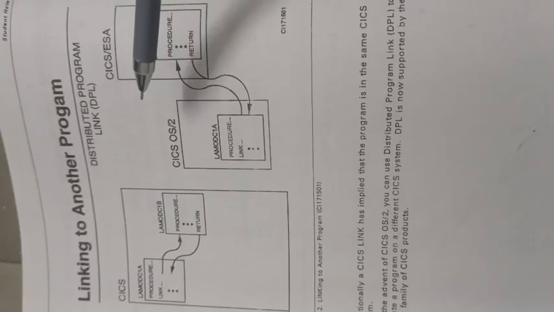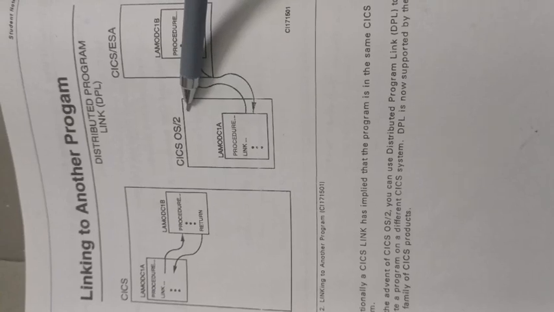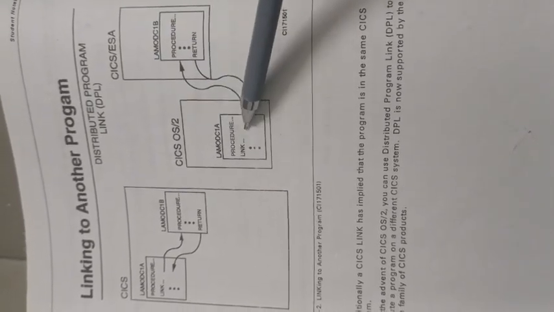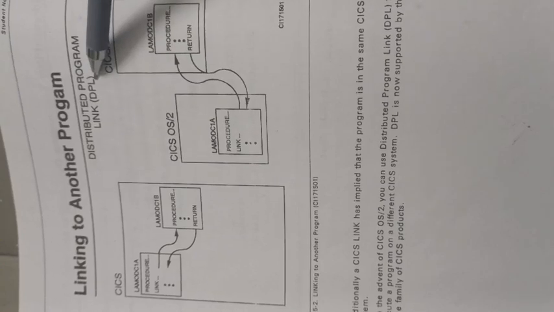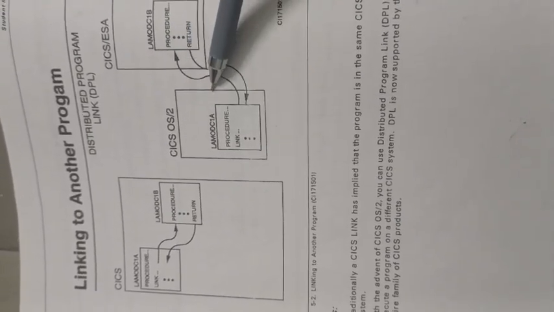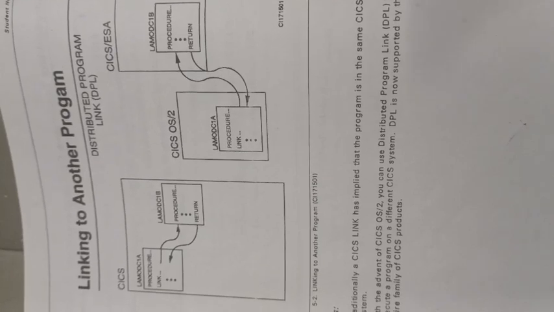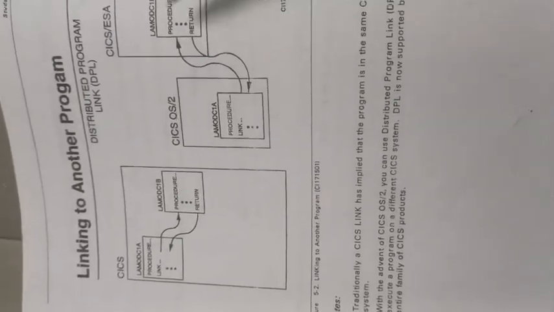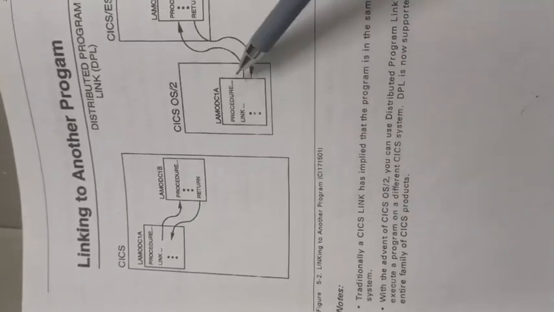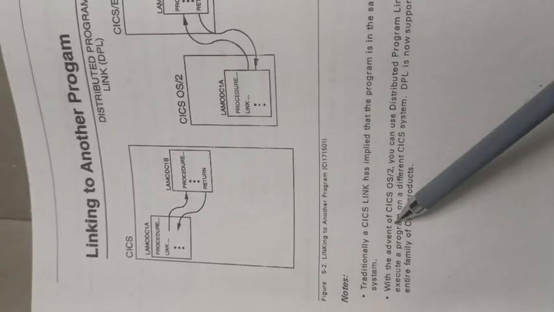Even if we are using CICS OS/2 or a different version, we can link using distributed program link, which is an option. You can link to a different CICS and support the different versions of the CICS family, using the LINK command.